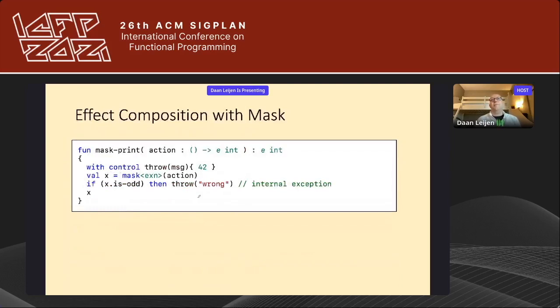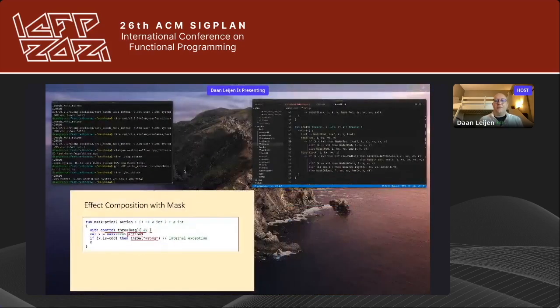And here's an example of how that could work out in practice. You may have some action that you want to run, but you run it in a special context. And in that context, you want to catch your internal exception. So here I have an exception handler for throw, but I only want to catch my internal ones, like when I call it here myself, some internal thing. But I want to run the action in a way that its exceptions will not go to my exception handler.